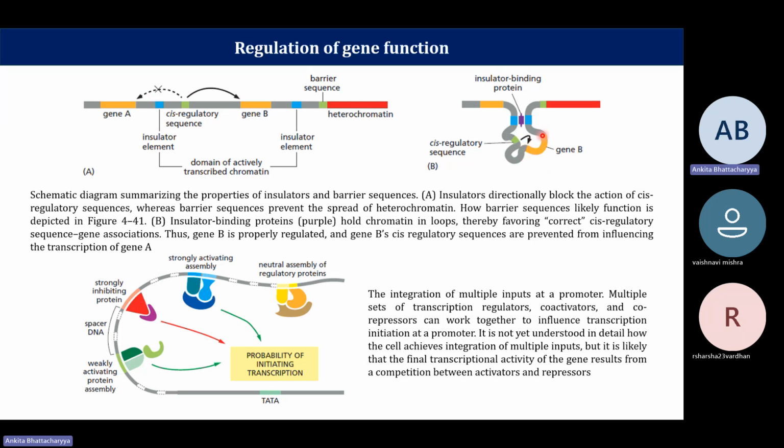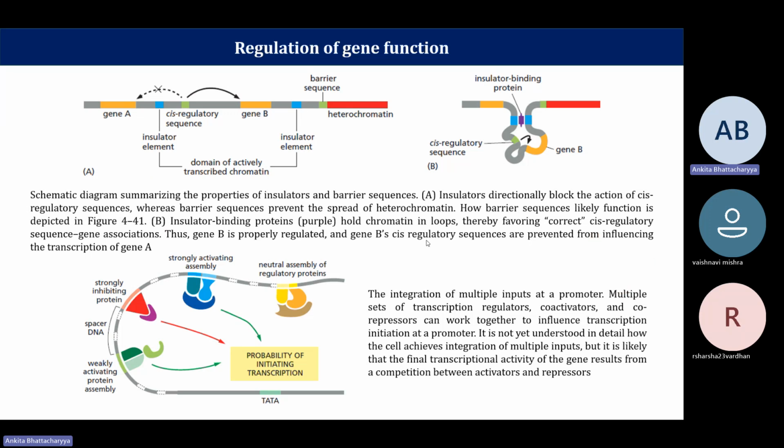So that is what you see well represented in the second figure. In contrast, barrier sequences that I mentioned previously prevent heterochromatin from spreading forward. I've kept this figure 4-41 present in Alberts itself for your further reference if you want to know about it.